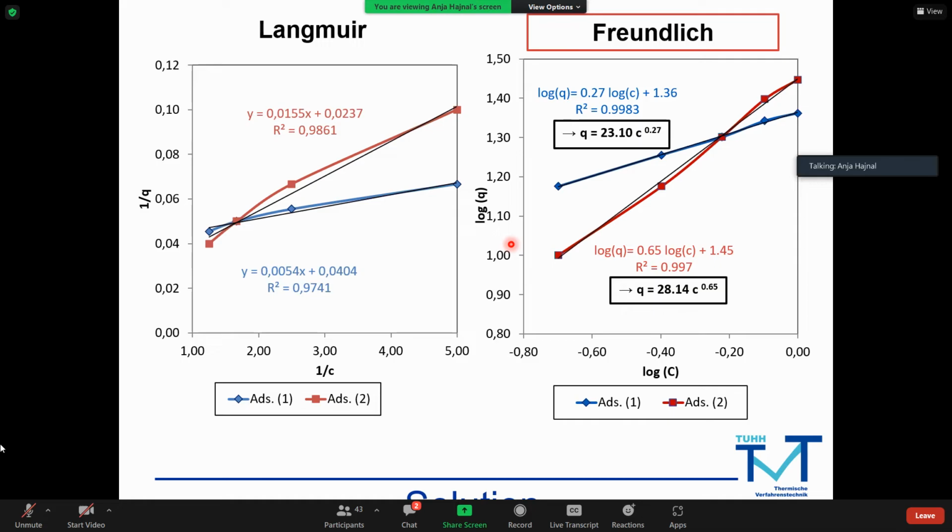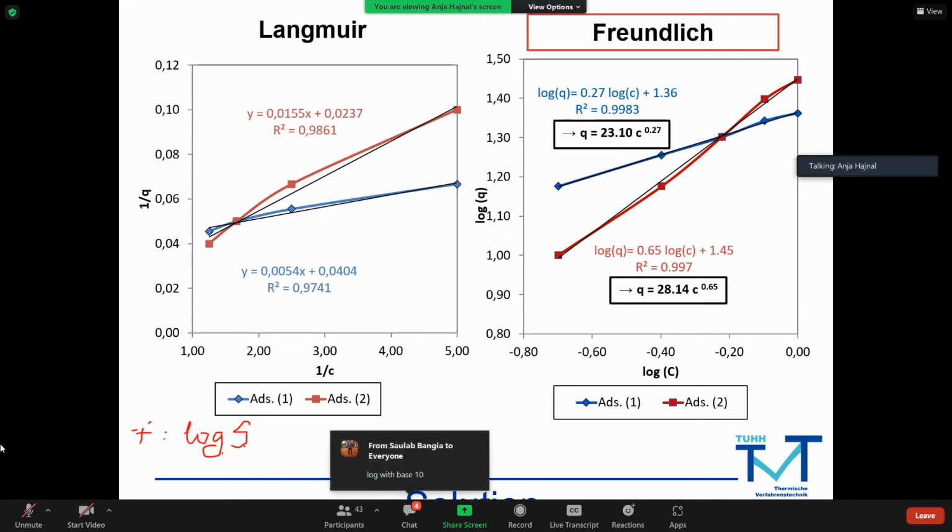I will add it to my slide. For the Freundlich isotherm, you should end up with the logarithm of the loading equals the logarithm of K plus N times the logarithm of the concentration.